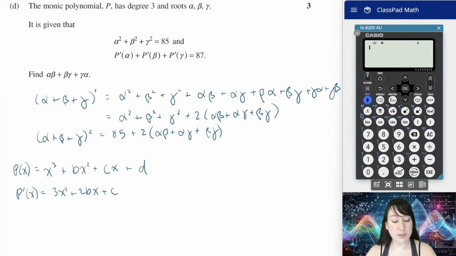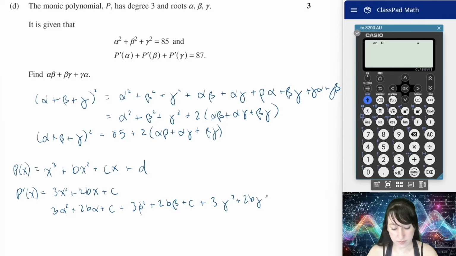Now, if we substitute in alpha and beta and gamma and sum them, we'll get this equation. Let's get the squared alpha, beta, and gammas together, the non-squared alpha, betas, and gammas together, and the constants.